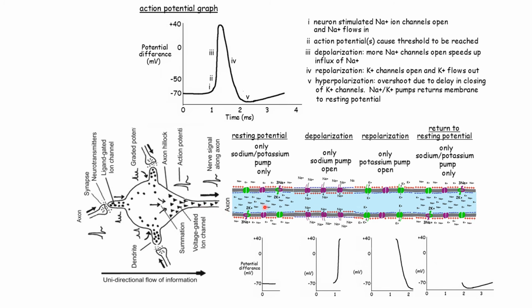So the axon has voltage gated channels. These voltage gated channels, as we saw, are sensitive to change in voltage. For example, sodium voltage gated channels have an activation gate and an inactivation gate. Their inactivation gate is made up of positive amino acids, and their activation gate is made up of negative amino acids.